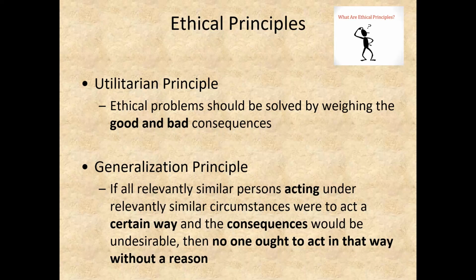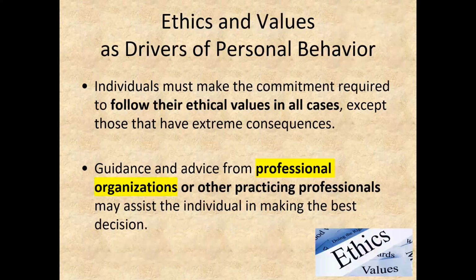Here the bottom line is that we should not take any approach that has bad consequences without justifying the need for that. So we should have a good reason if we plan to take any action that might have bad consequences.